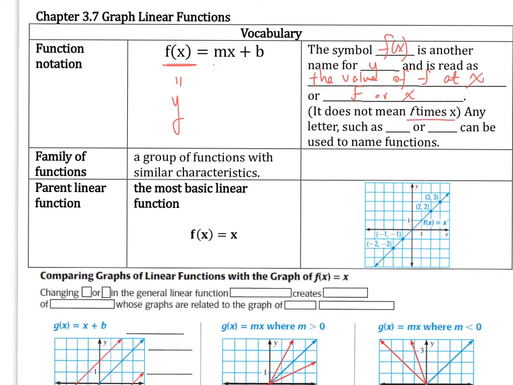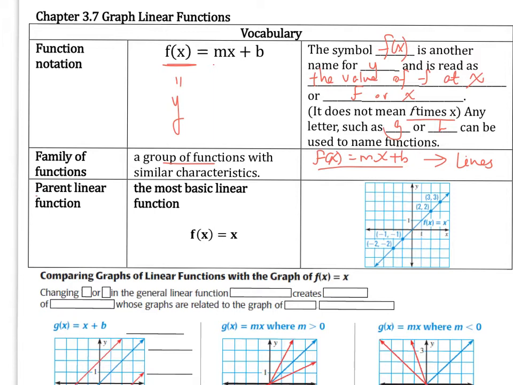Any letter such as g or h can be used to name functions. A family of functions is a group of functions with similar characteristics. So, if I give you f of x equals mx plus b, you can come up with many types of equations following this format, and they will all look like lines, and we call that a family of functions.